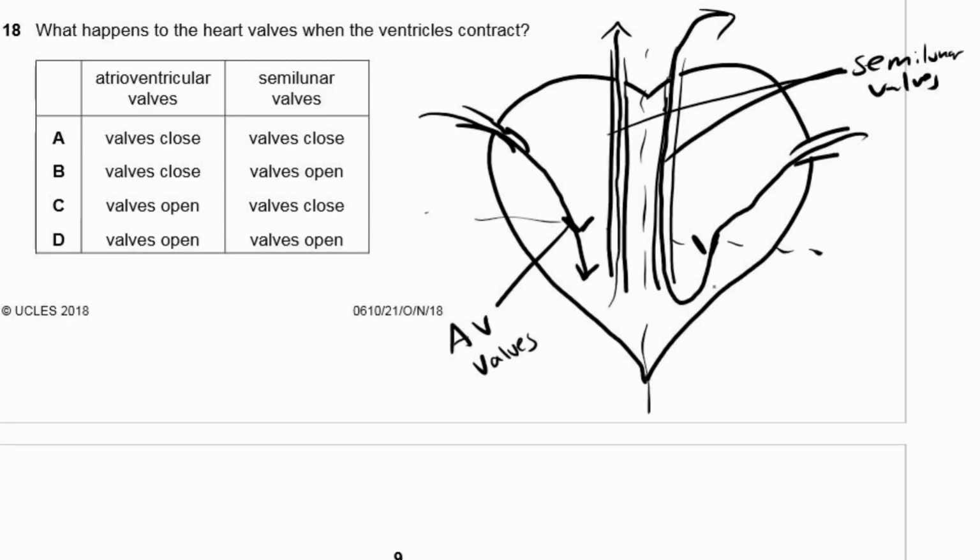So when the ventricles contract, it's pushing the blood up. Okay, and if it doesn't want to go backwards, so these valves, the AV valves, have to close. So when the atrioventricular valves close, the semilunar valves then have to be open so the blood can flow up. So valves open. So the answer here is B.